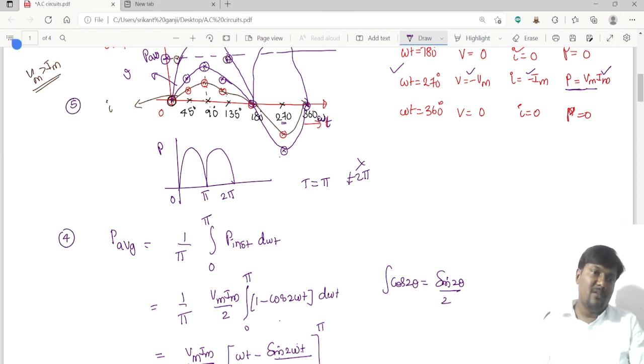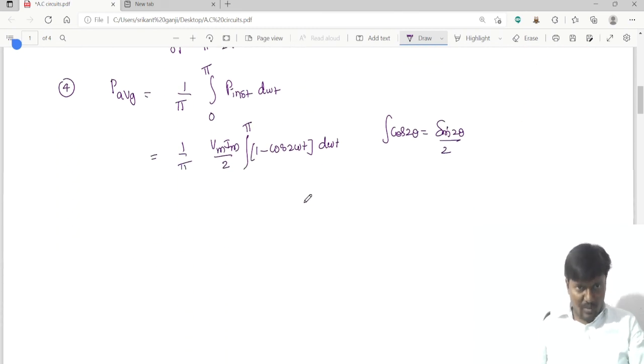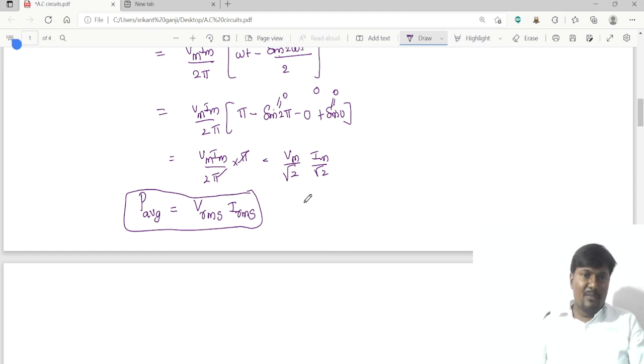By drawing the waveform only we can tell what the time period of the power waveform is. This is 1 by pi, integration from 0 to pi of p instantaneous d omega t. The time period is pi, not 2 pi. So overall, the average power for an AC supply given to a pure resistor is Vrms into Irms.